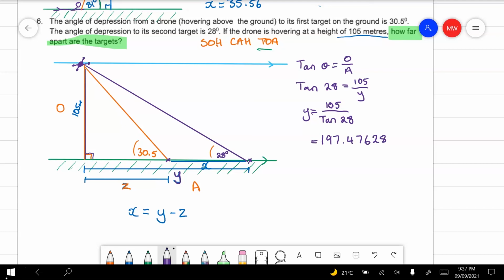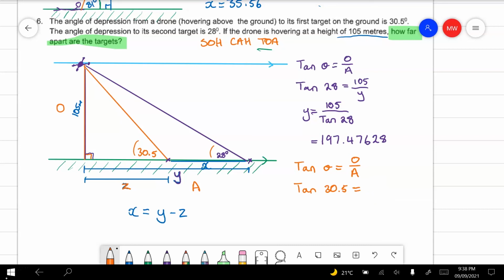And now we need to work out the smaller triangle. So we've got, again, tan, because we've got an adjacent and an opposite. Tan theta equals opposite over adjacent. This time it's tan 30.5 equals Z over 105. Ooh, I've made a mistake there, haven't I?